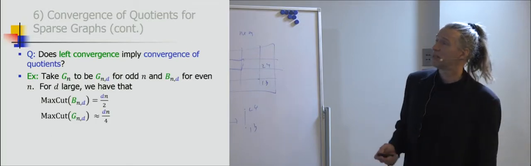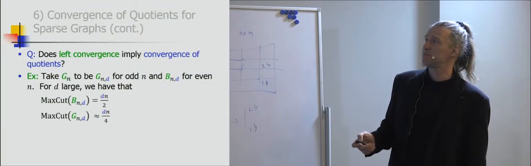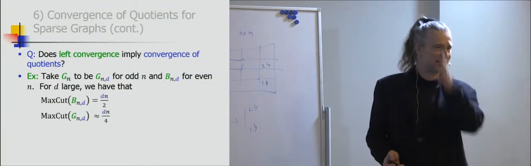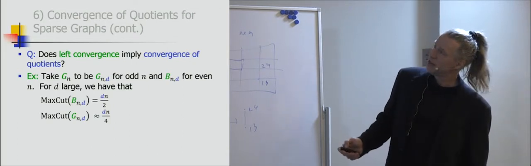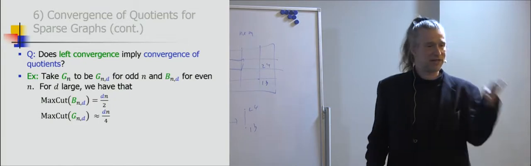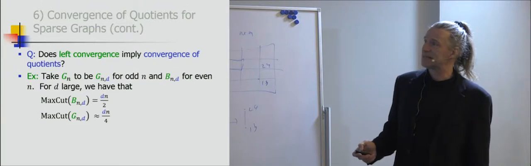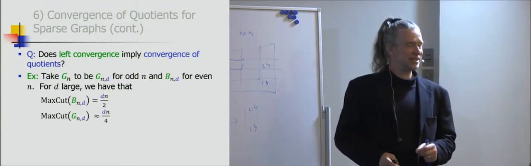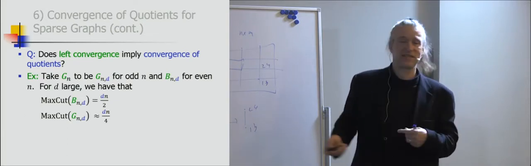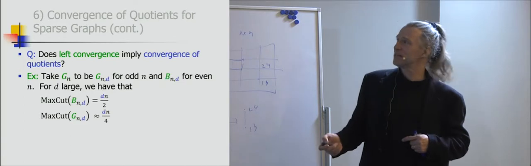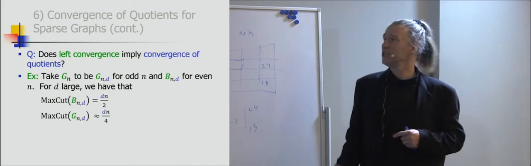Now, it's well known that for large d you can calculate the max cut in the bipartite graph very simply. You cut in the middle, and d times n over 2 is the number of edges you get from one side to the other, exactly. And for the non-bipartite graph, if you look at it on average, only half the edges you would think will be cut, so you get a half here. This you can get easily by looking at the expectation.